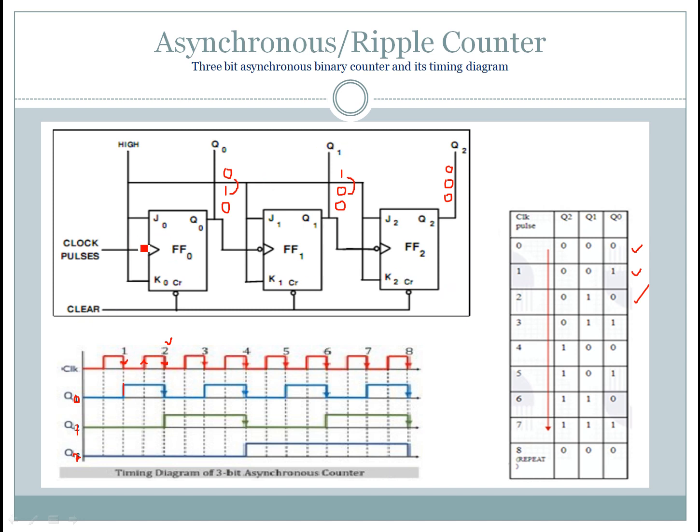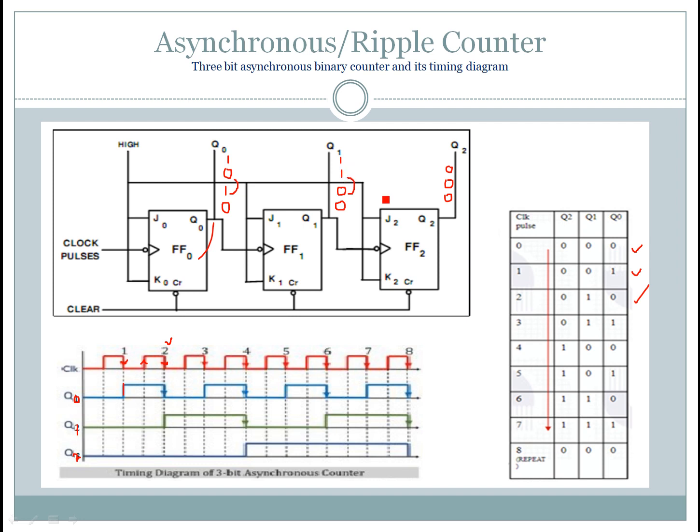Okay, so for the next negative edge, again this FF0 changes its state from 0 to 1, and now here 0 to 1 transition, that is positive edge, so the output of FF1 will not be changed, so it retains its previous state, that is 1.